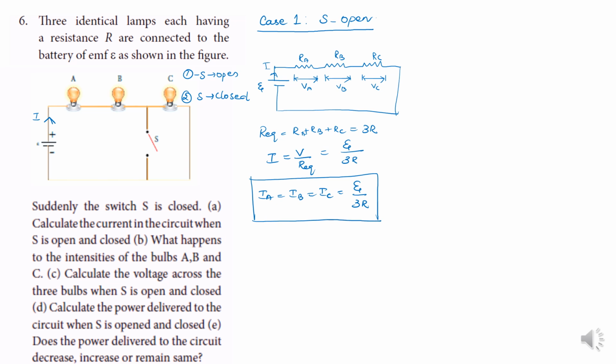So this is one, current. Second, intensity of glow. I is the same for all the bulbs and resistances are also the same. Therefore, all the bulbs A, B and C glow with the same intensity.